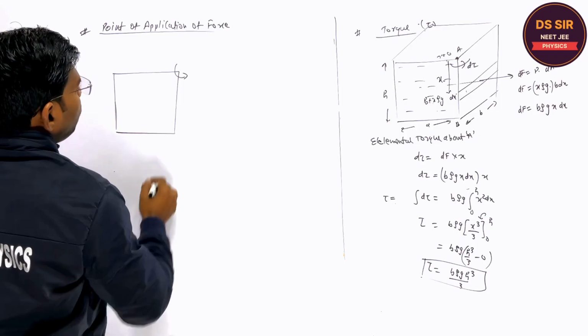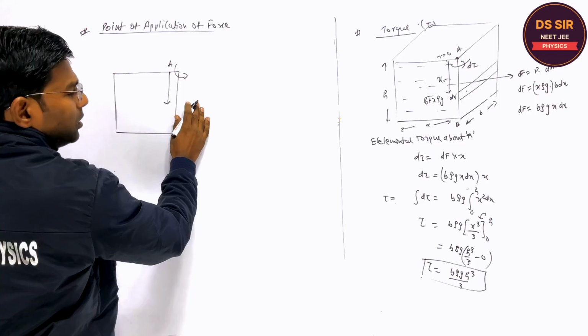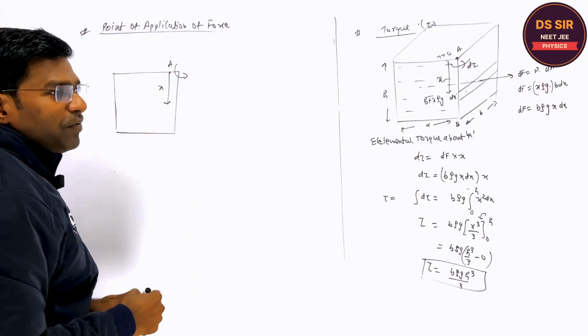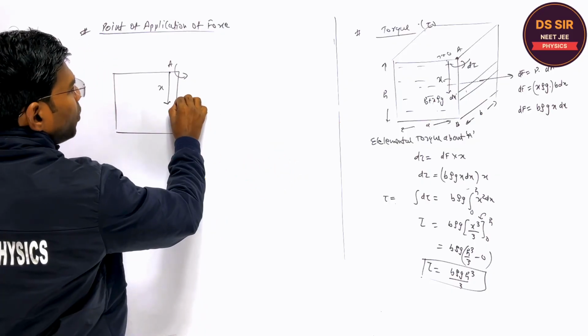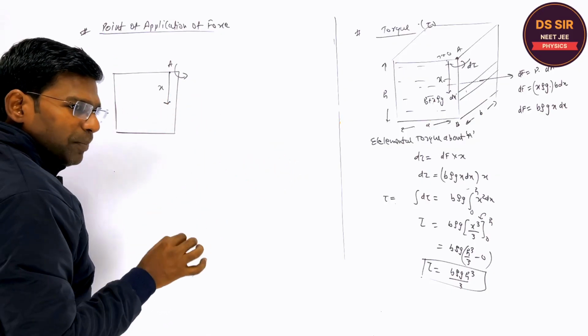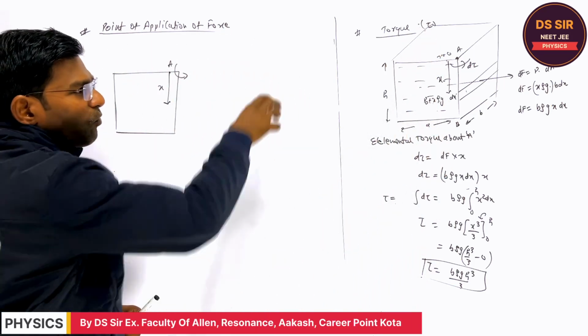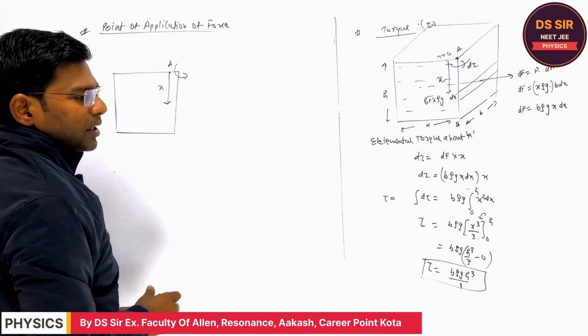So we have to find at what distance x from the top point A we can assume the net force is acting, so that it will produce the same torque as is produced by this depth of the water column or the liquid column in the container.